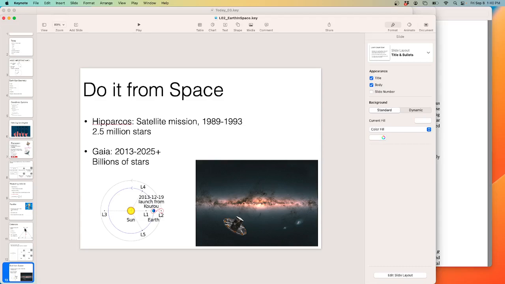In 2014, Gaia launched, and Gaia is measuring, so the galaxy looks like this. Here's the center, and here's us. Gaia sees about this much of the galaxy, which is a huge amount.